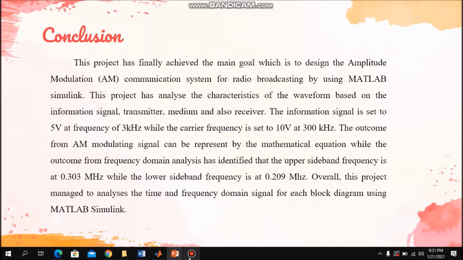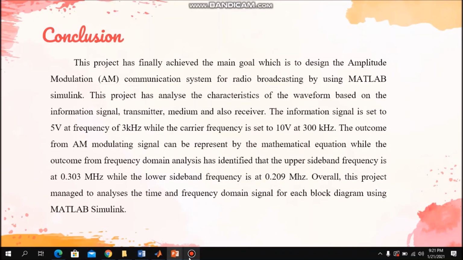As for the conclusion, this project has finally achieved the main goal, which is to design the amplitude modulation communication system for radio broadcasting by using MATLAB Simulink. This project has analyzed the characteristic of the waveform based on the information signal, transmitter, medium and also receiver.